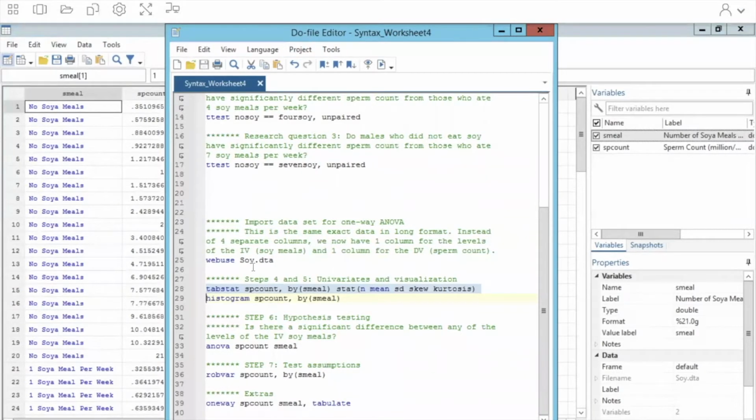So to do this, we use the command tabstat, our dependent variable, by our independent variable. So this is going to break up the output by each level of our independent variable. And we're telling Stata to print the number of observations, n, mean, standard deviation, skew, and kurtosis. So we can start to understand the shape of the distribution as well from these summary statistics.